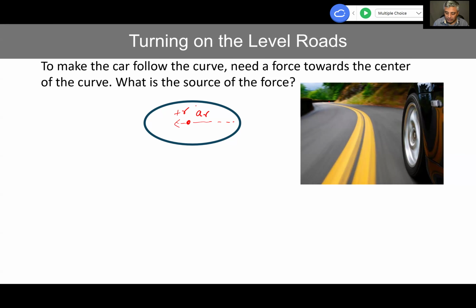What are the possible forces that are acting along the radius of this circle? So that's the question I am asking here. So this car is moving, you are driving, right? So what forces are acting along the radius of this circular path when it is turning?